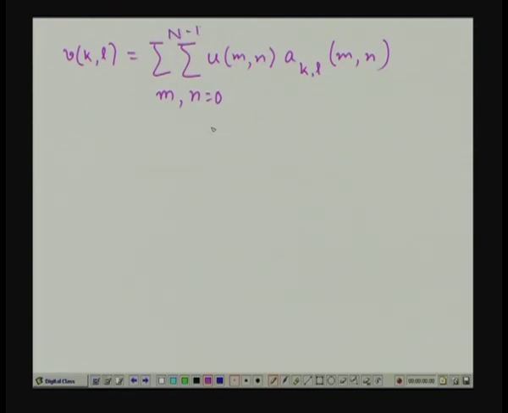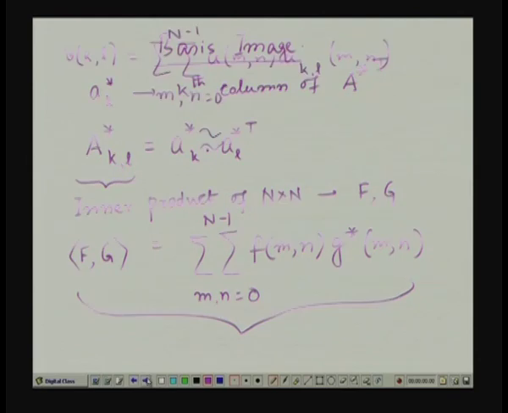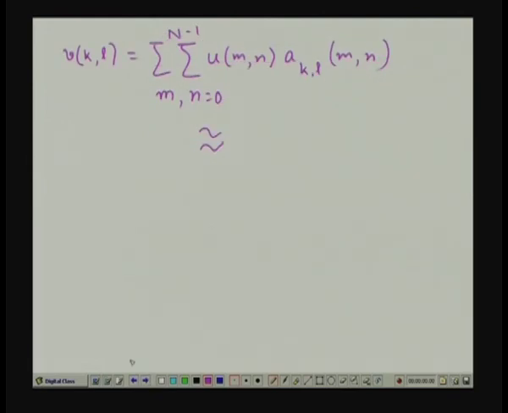So, this is nothing but as per our definition. If you just look at this definition, this is nothing but an expression of an inner product. So, this transformation equation is nothing but an expression of an inner product, and this inner product is the inner product of the image matrix U with the transformation matrix A star K L.